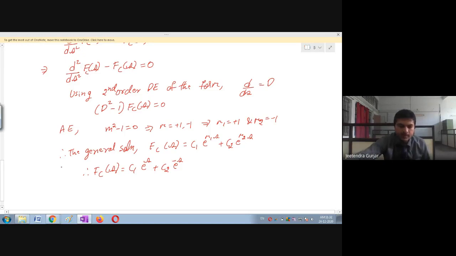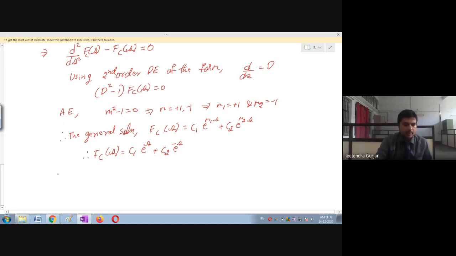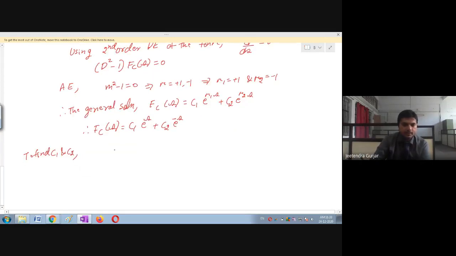To find c1 and c2, I have to go again like this. So to find c1 and c2, what do I have to do here, students? Yes, correct. So again, what I will write: to find c1 and c2, I will take s is equal to 0, and I will simplify. But please remember, I will again differentiate this f c s.